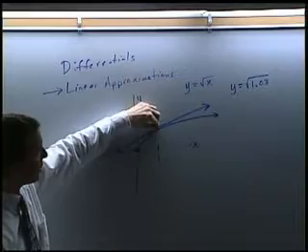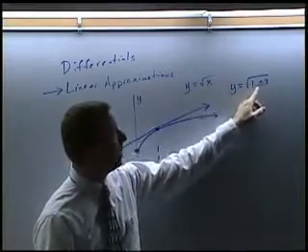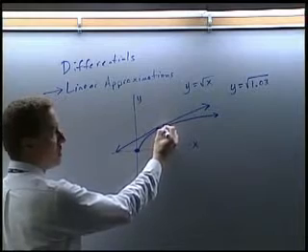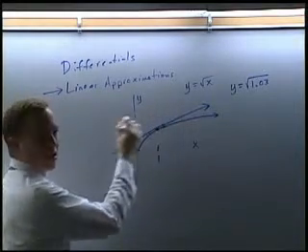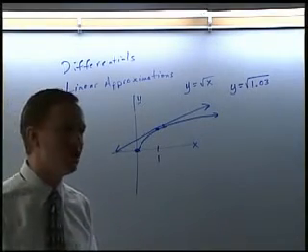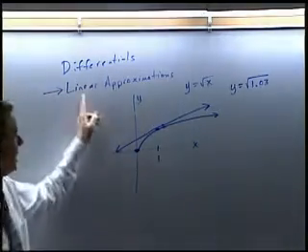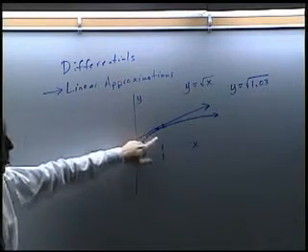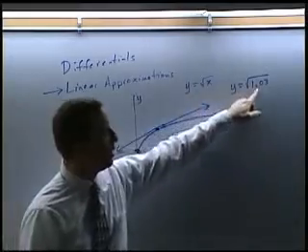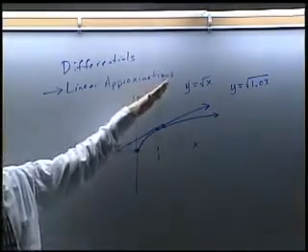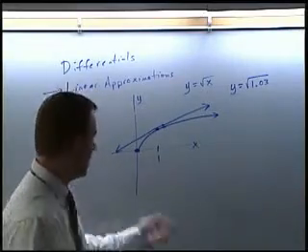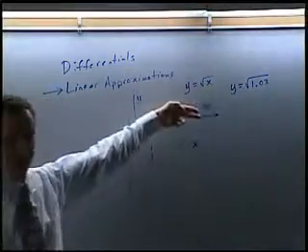If I only go over 0.03 to the right, is my answer on the actual function going to be very much different than the value on the linear equation? There's not going to be very much difference. That's why they call it a linear approximation. We're going to approximate this value by subbing 1.03 into a linear equation. And it's much faster to calculate things with linear equations than it is with more difficult equations.